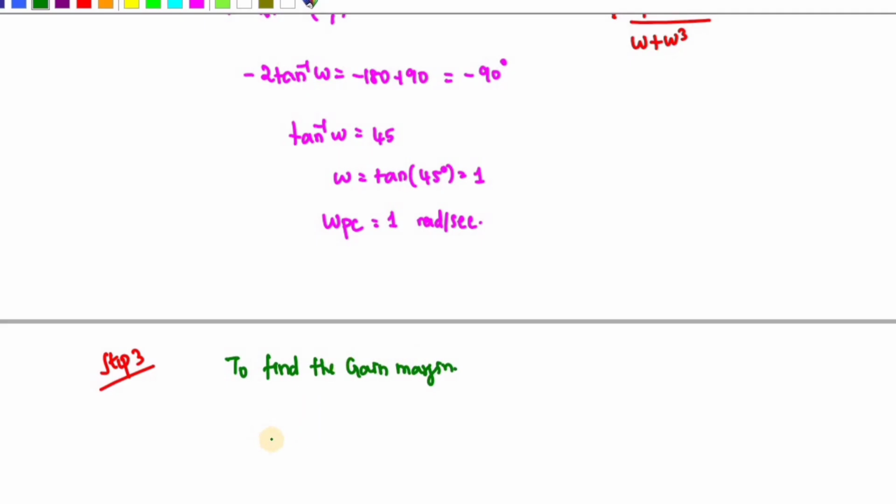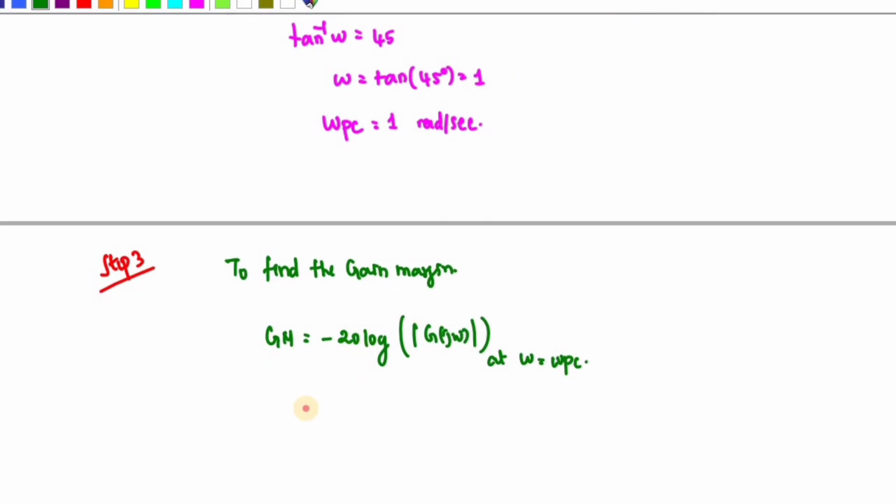The gain margin formula is minus 20 log of the magnitude of G of j omega at omega is equal to omega PC.